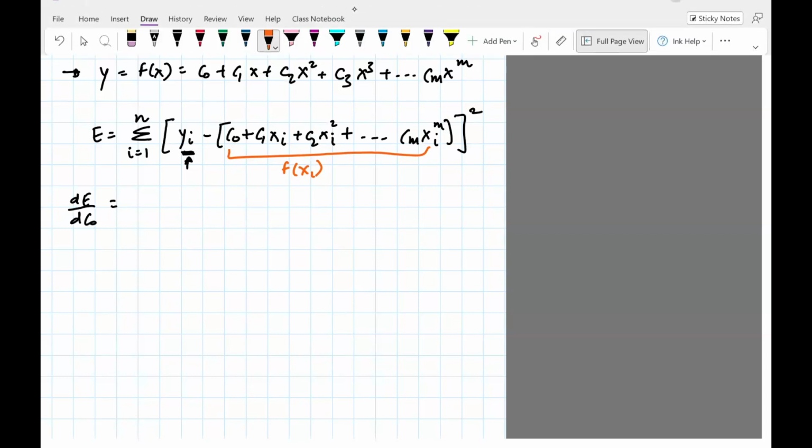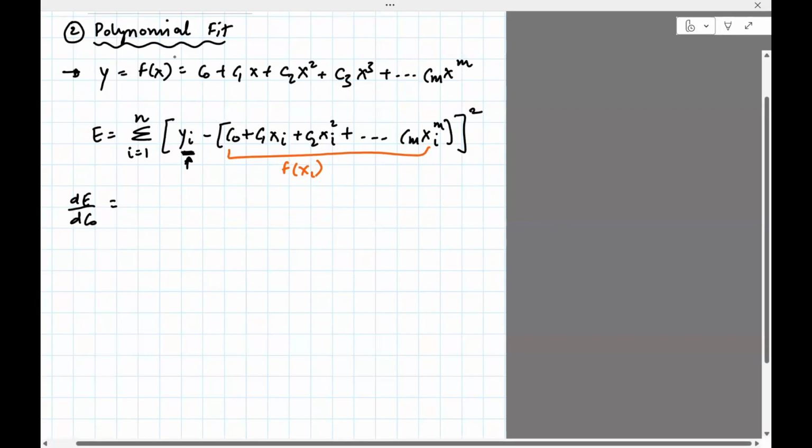So now when you do dE/dC0, that is the first derivative, we have 2 times the summation i equals 1 through n, because there are n data points, of yi minus (C0 plus C1 xi plus so on till Cm xi^m). Okay, so that's just the derivative of this whole expression.